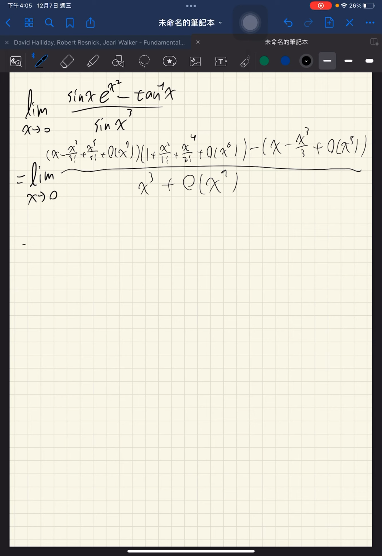Okay, let's see the coefficients. Wait. Okay. We'll see that x, the first power will be cancelled out by this.